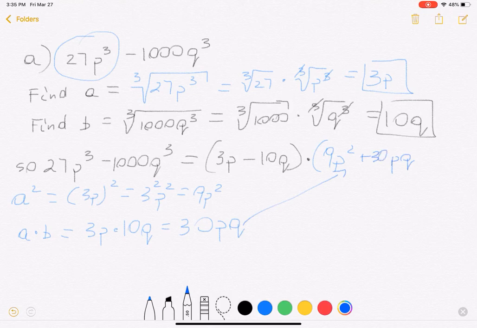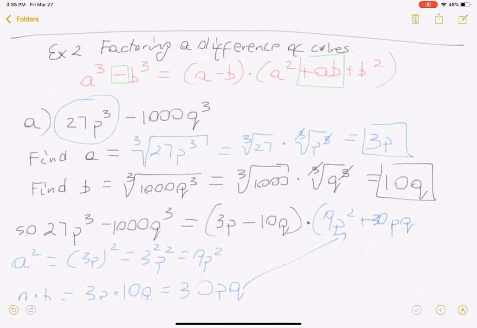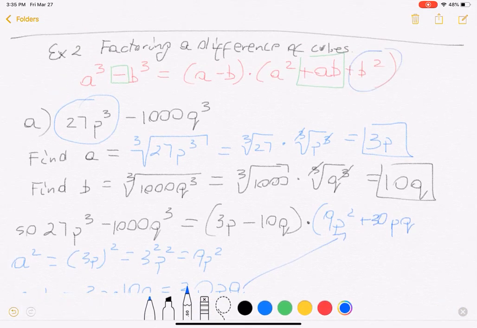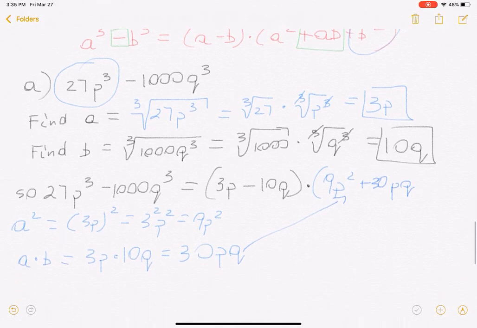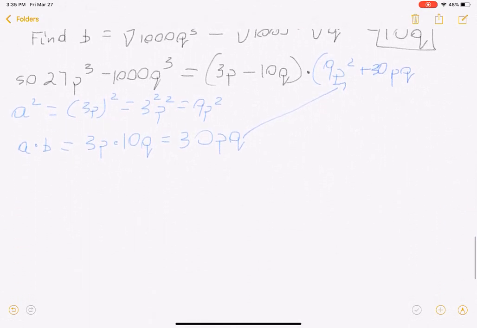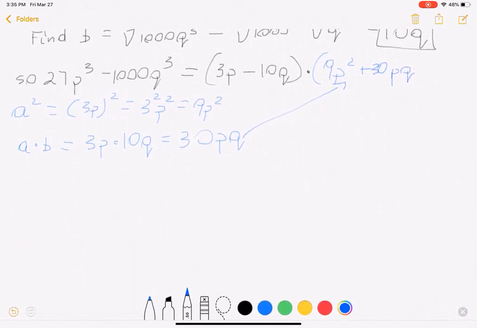PQ. Okay, and now the last part of the formula, we need to evaluate what is B squared. B squared, again, let's go back.